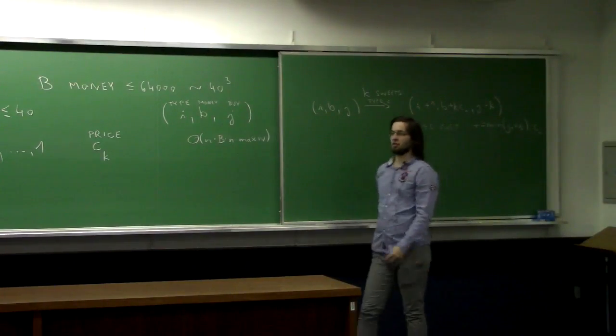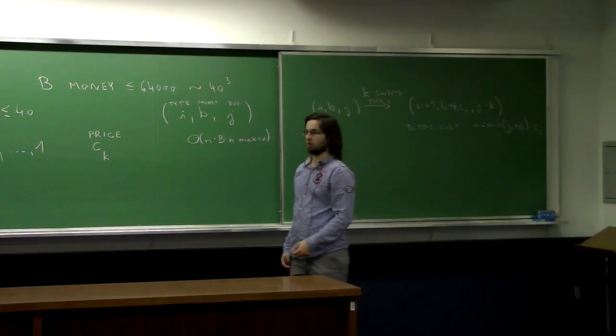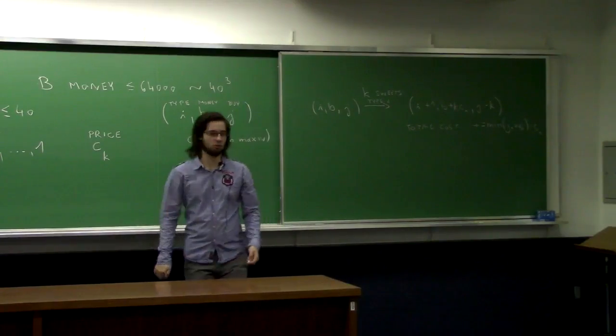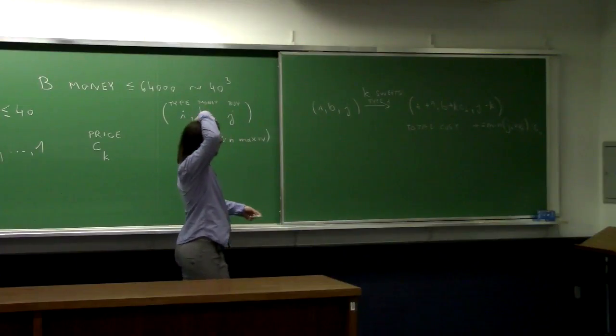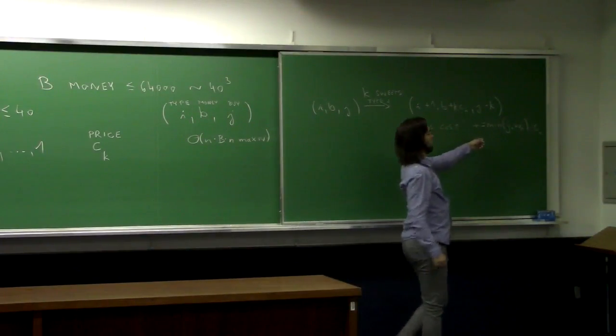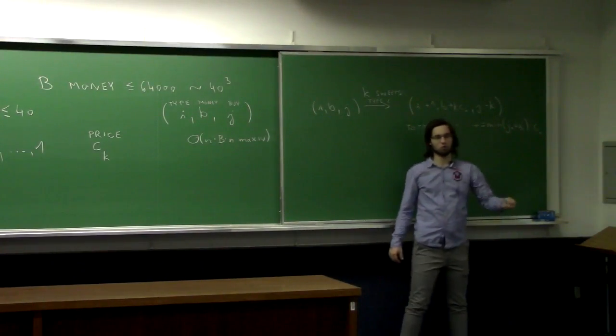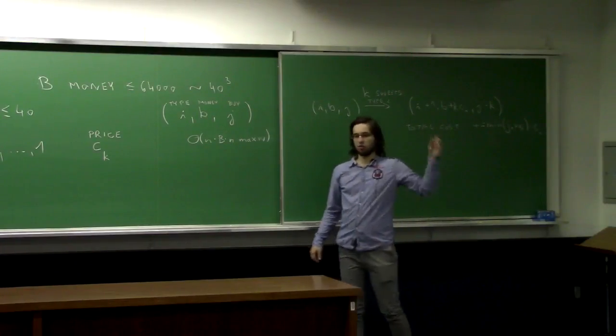Of course, for each state we are interested in the maximum cost of obtained suites. So this maximum cost is increased by the total cost of up to J obtained suites of type I.